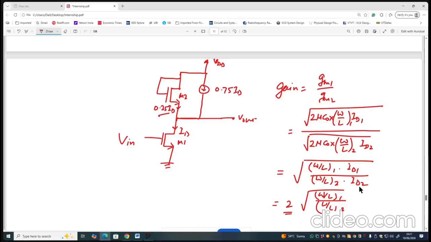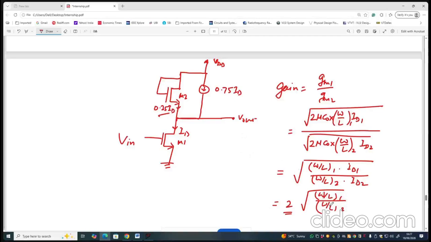Do you understand this? So this is actually a trick to increase the gain of a common source amplifier with diode connected load, while keeping the benefits of diode connected load, like the linearity and resistance to process variation.